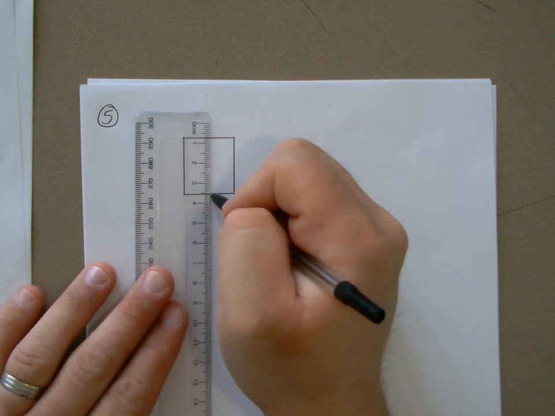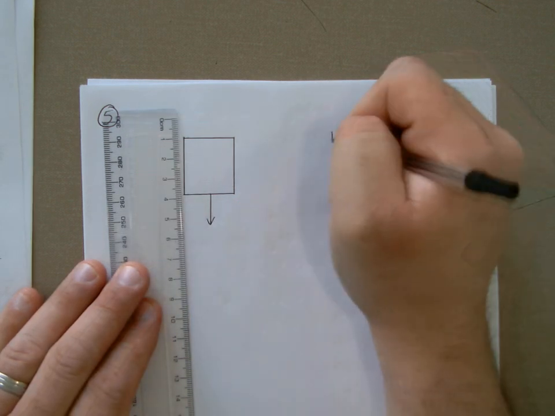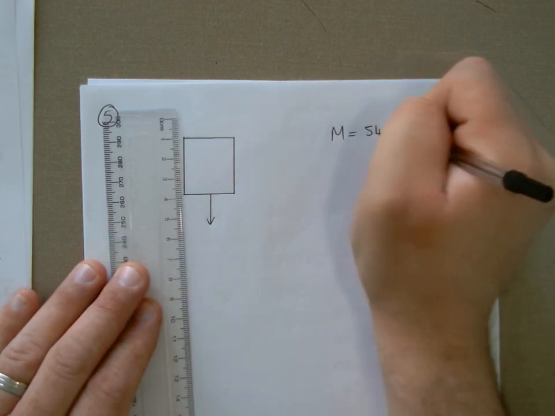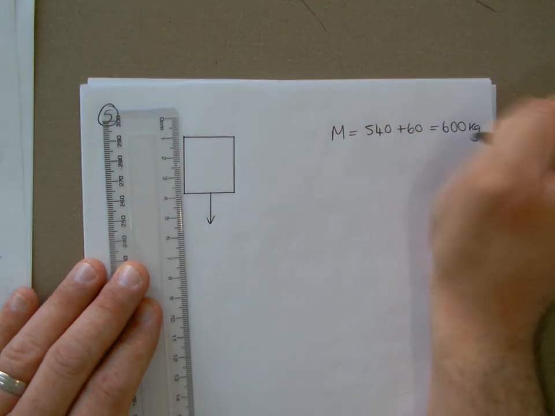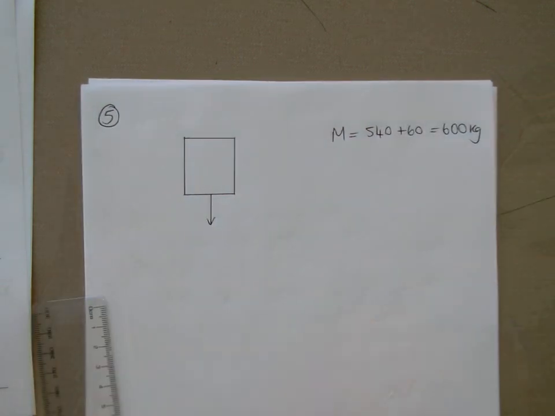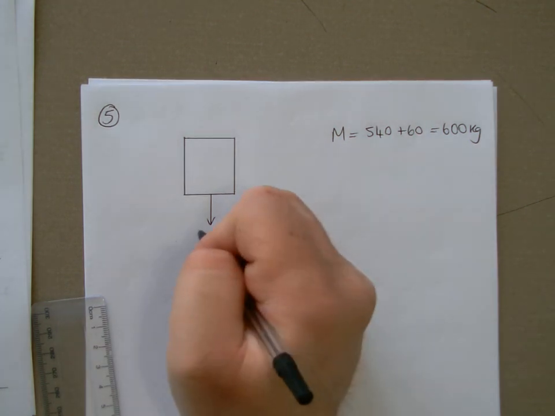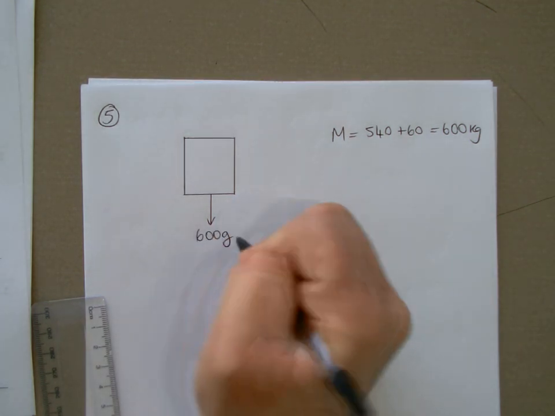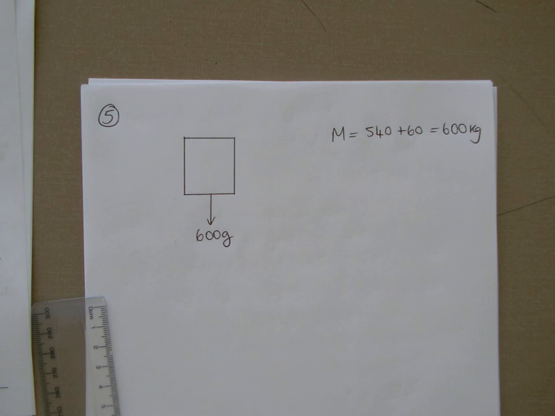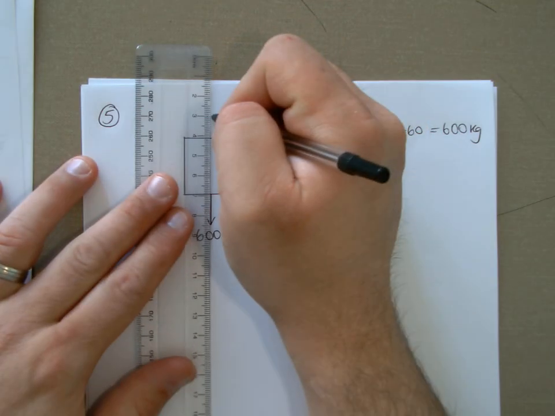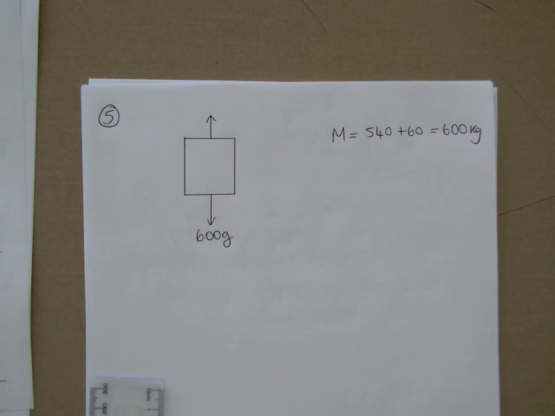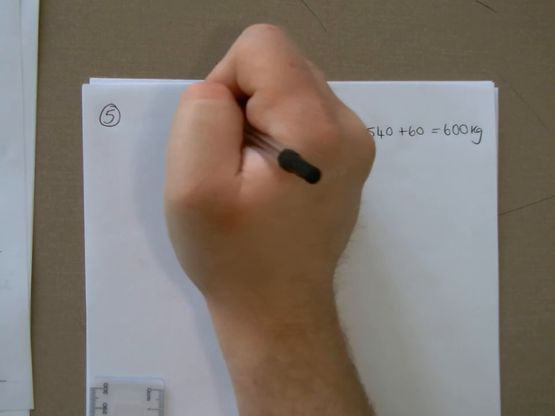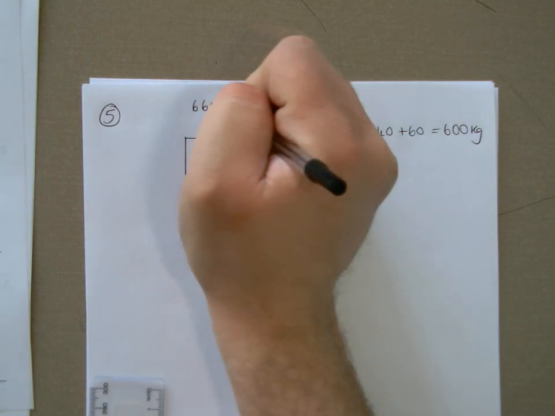The combined mass will be 540 plus 60, which is 600 kilograms. That's the combined mass. So the combined weight of the lift will be 600 times G. There's also tension in the lift cable, which says 6,600 newtons.